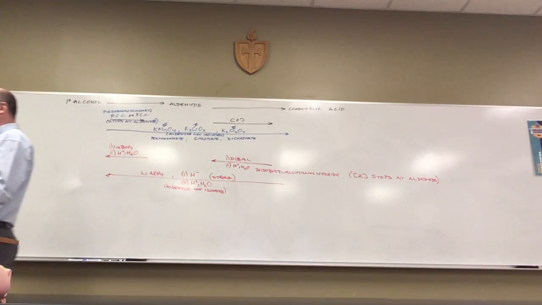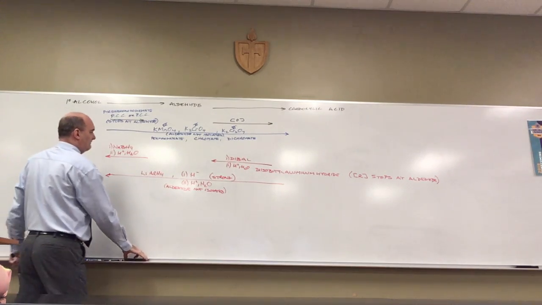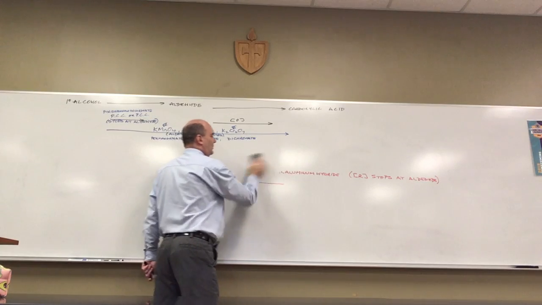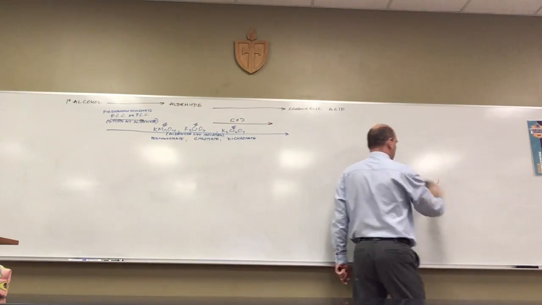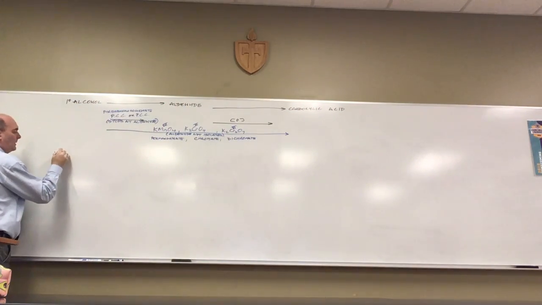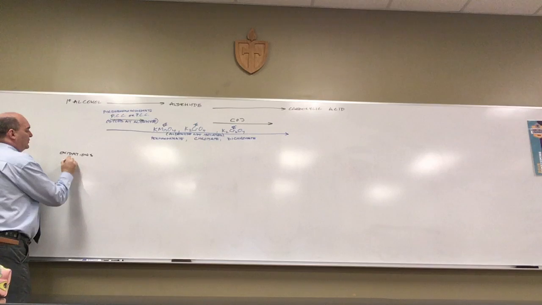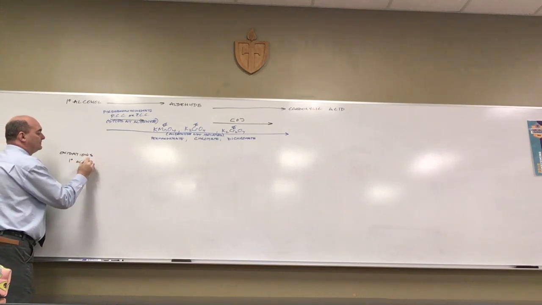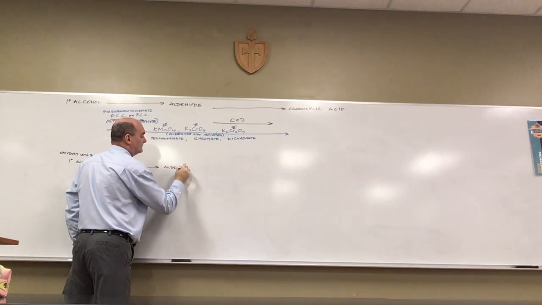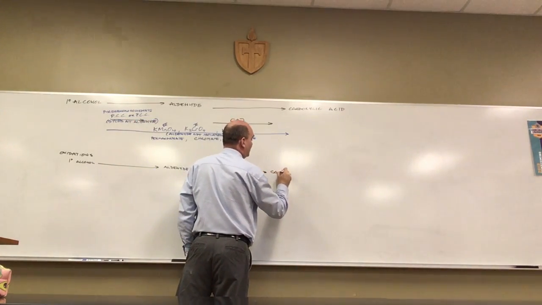If we take a look at the oxidations a little bit closer, we have a second problem. In the world of our oxidations, primary alcohols go to an aldehyde. And then aldehydes go to carboxylic acids.